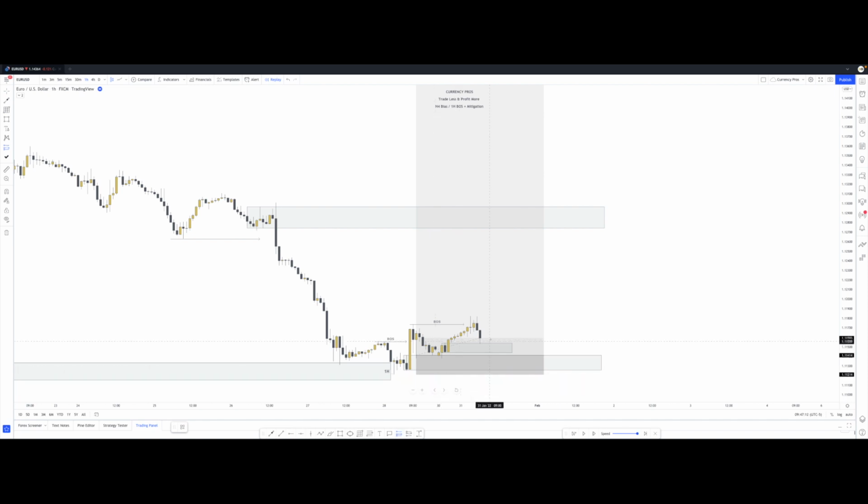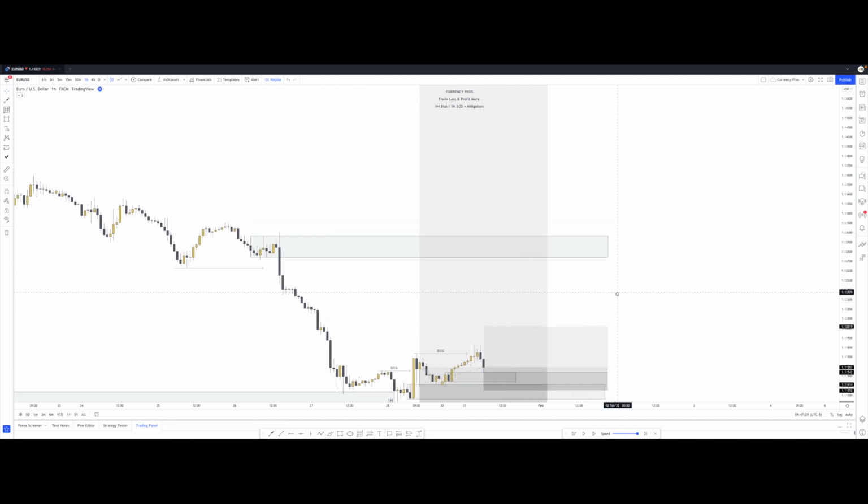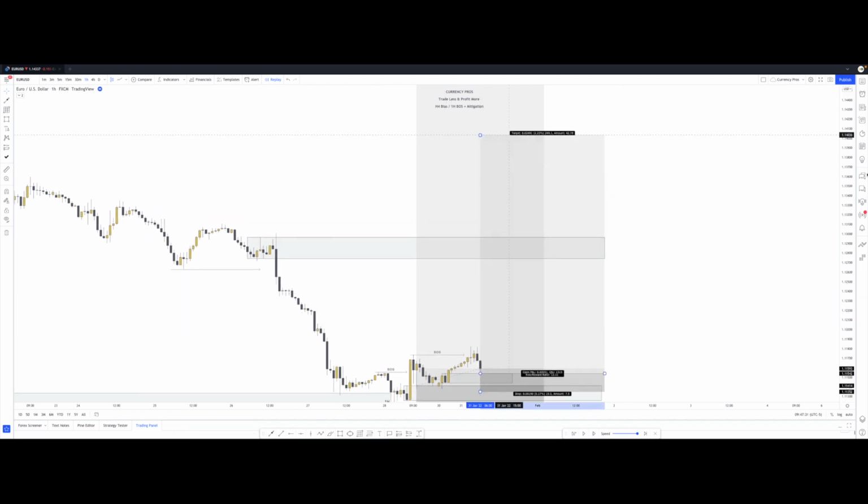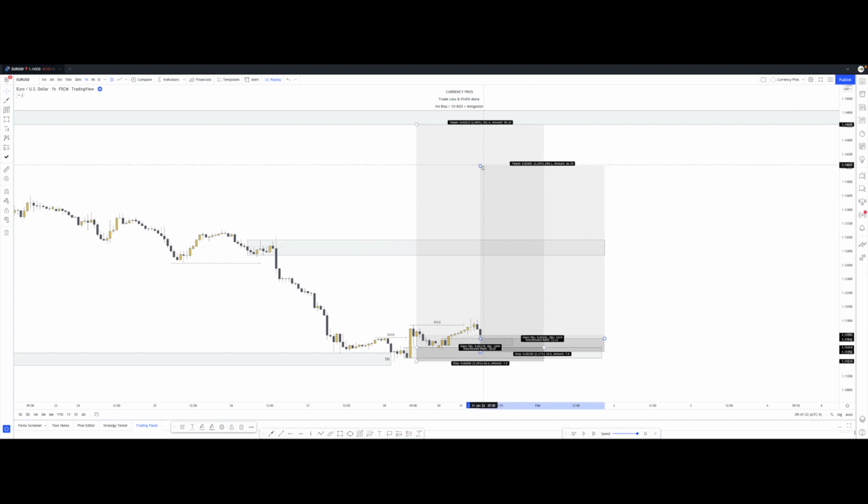Now, as I mentioned, I played price forward a little bit too quickly because we already tapped into that zone. We can put our stop loss just below the recent low. Let's say 19 pips, just below this low right here. And we can take that target to the exact same area as the last position.